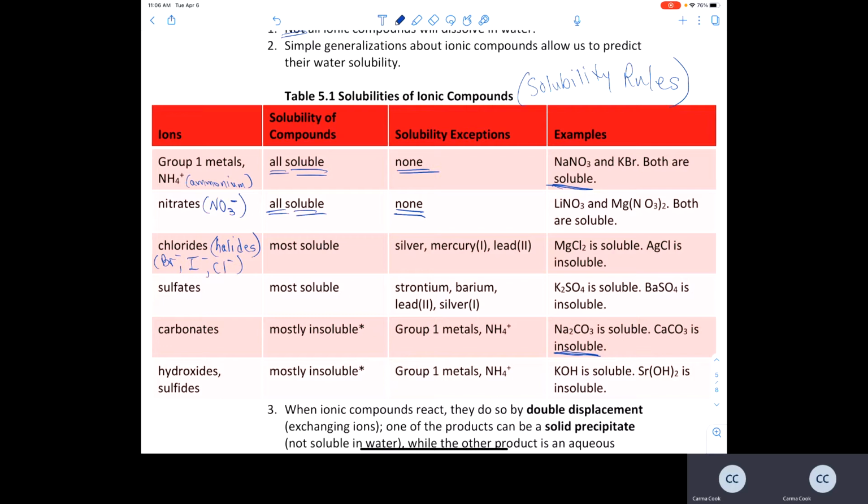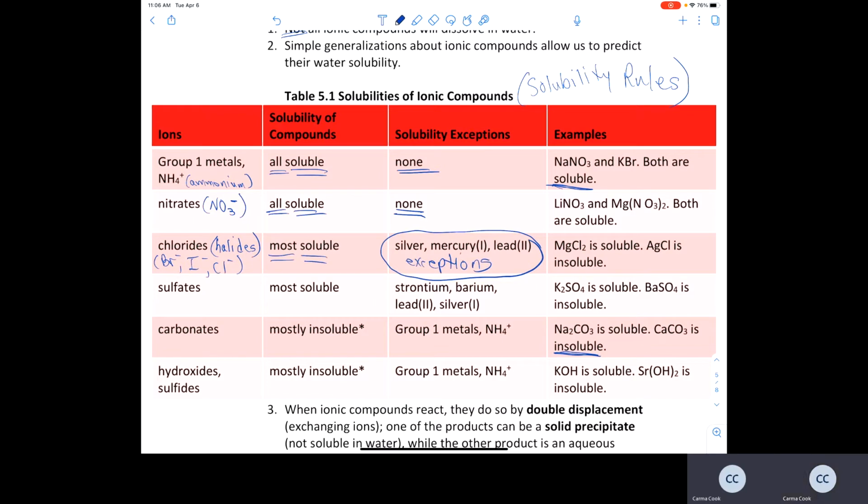And so if your ionic compound contains one of these monoatomic ions, which we call halides, bromide, iodide, chloride, then most of those ionic compounds will be soluble. There are some exceptions. These are the exceptions.